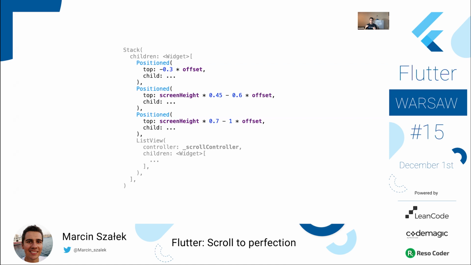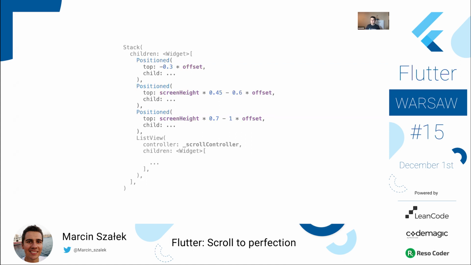And this will cause one to come onto another. Now, to make everything work, we will have to add a container inside our list view to just move it one screen below, so it's below our parallax widgets that we want to use.